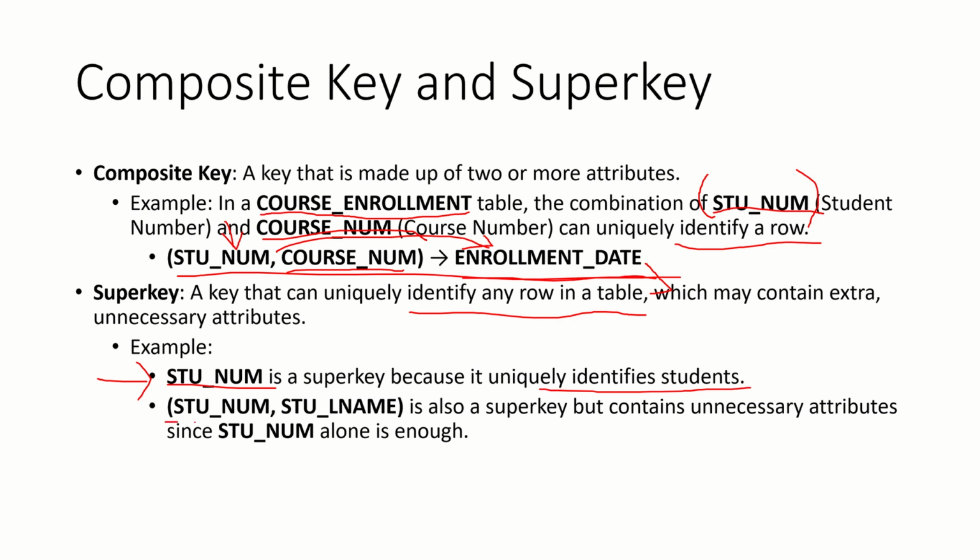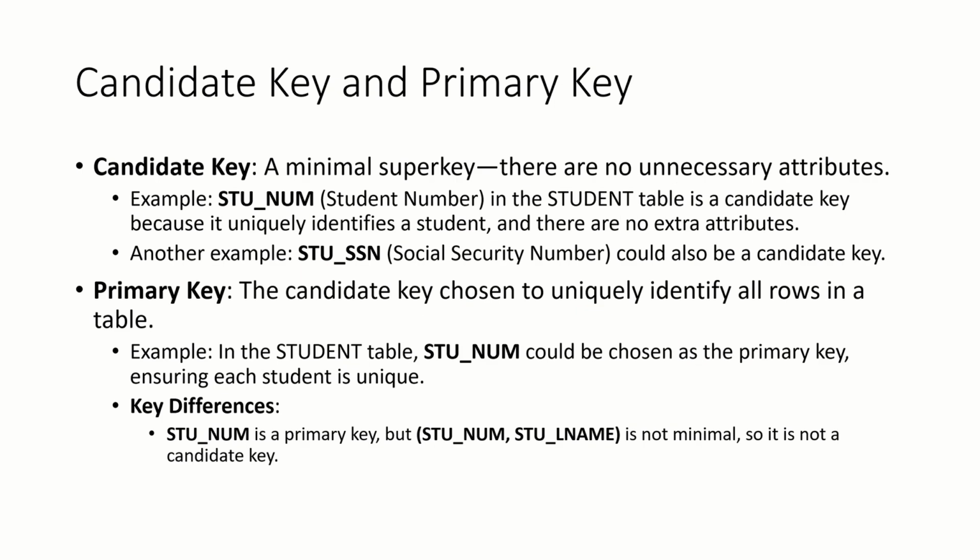However, we can have a super key such as the student's number and the student's last name. It can still identify the students, but the student's last name is unnecessary. So this we consider a super key.